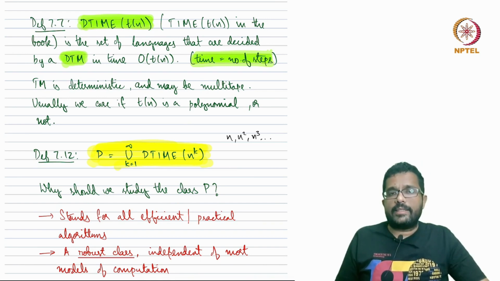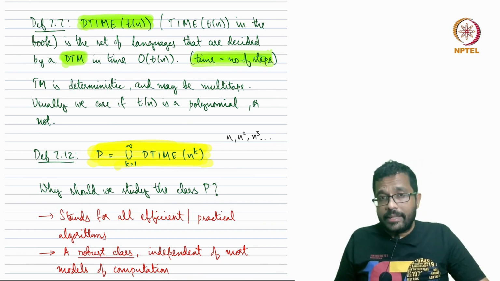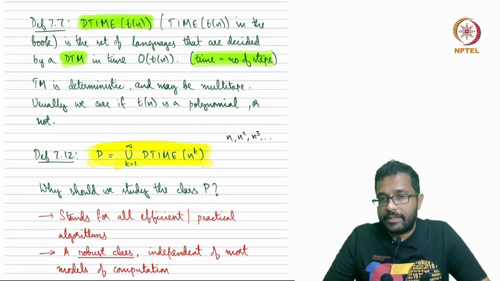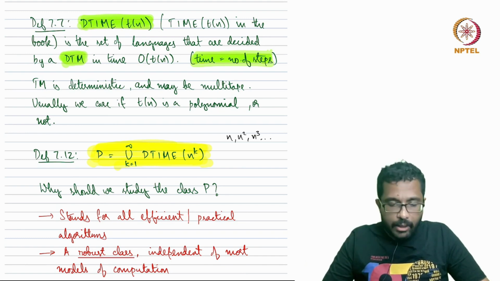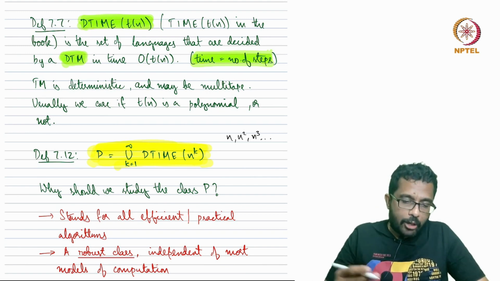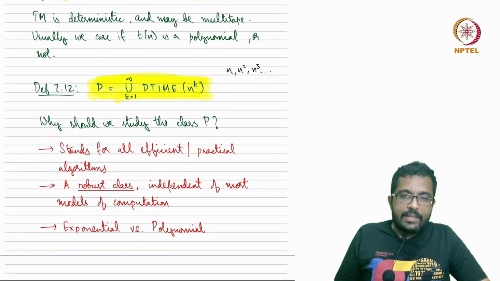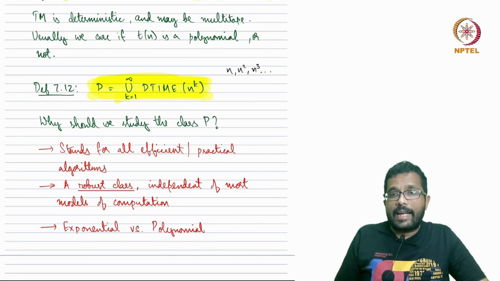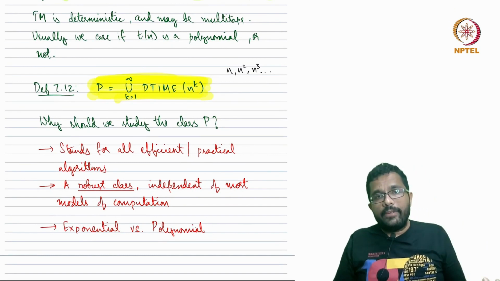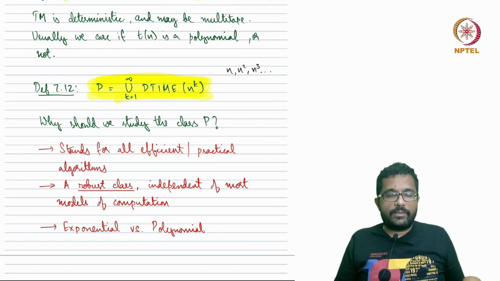We are going to be discussing time complexity, and even outside this course, if you are reading algorithms or some other branch of computing, you may encounter the complexity class P. That is because it's a very significant and important complexity class, because it stands for all the efficient and practical algorithms, right?